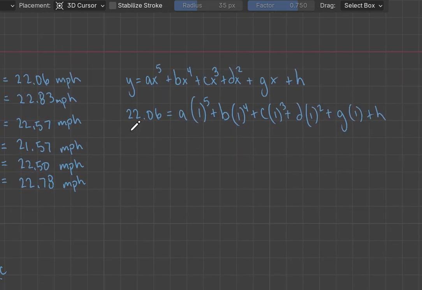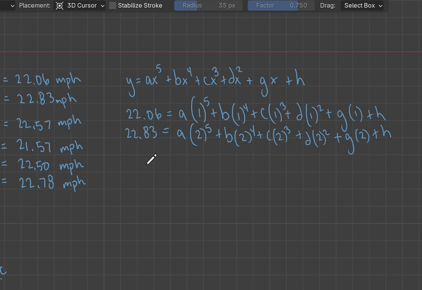The second equation goes 22.83 is equal to a. Now we're on to the second day, plus b 2 to the 4th plus c 2 to the third plus d 2 squared plus g times 2 plus h.